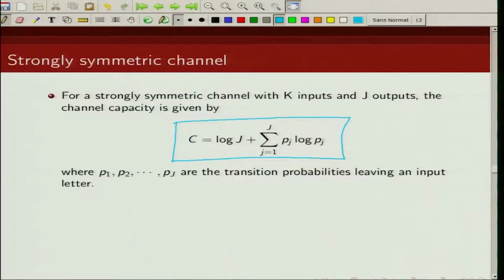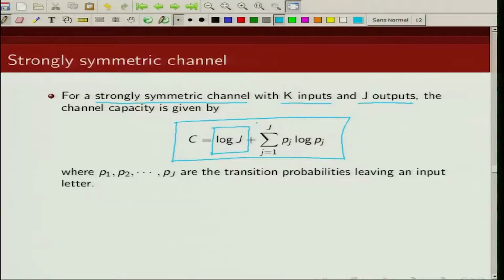All right. So, if you have a strongly symmetric channel with k inputs and j outputs, then channel capacity is given by this expression. We know from the uniformly focusing property that the distribution that maximizes h of y is the uniform distribution, and the maximum value of h of y corresponding to this uniform distribution is given by log of j, where j is the number of possible outputs.